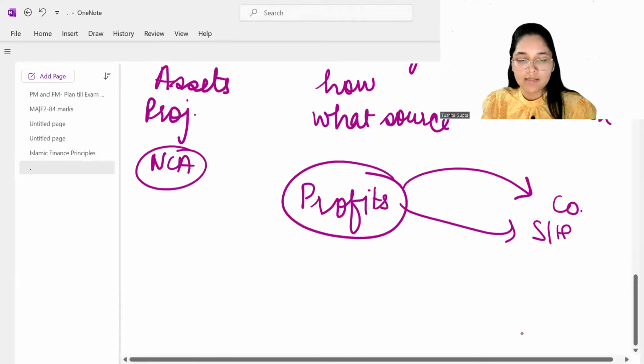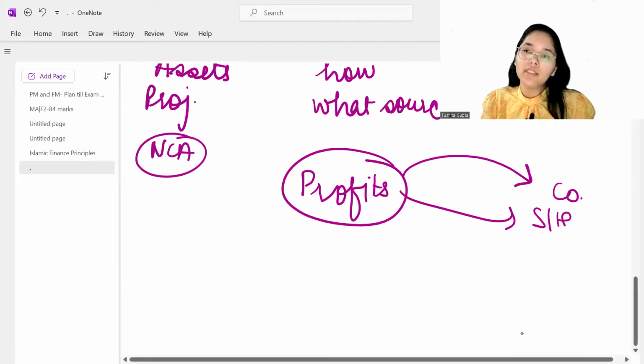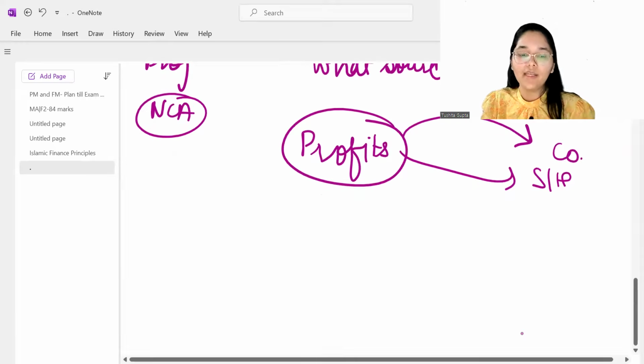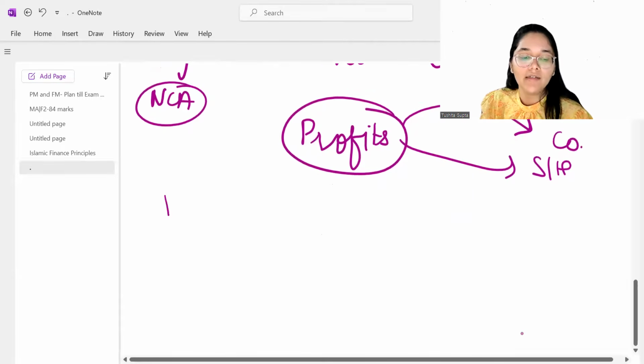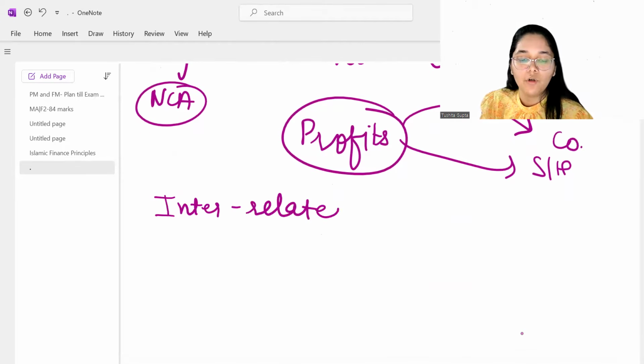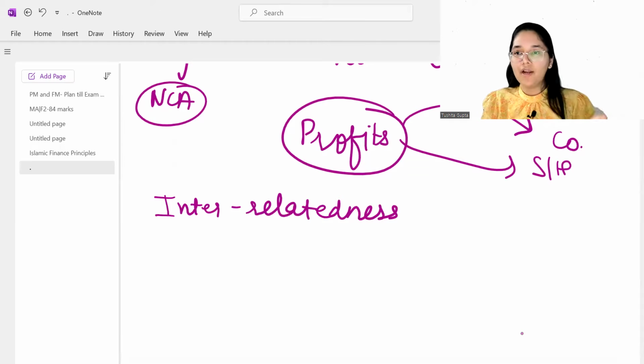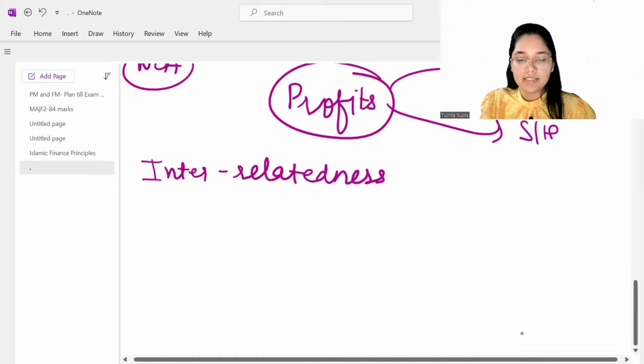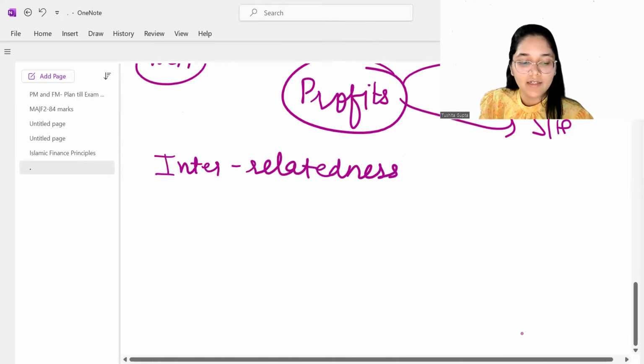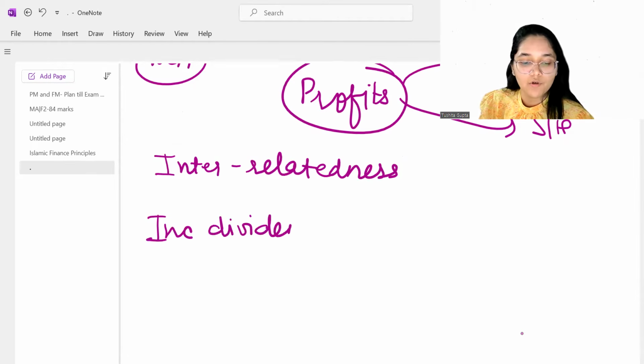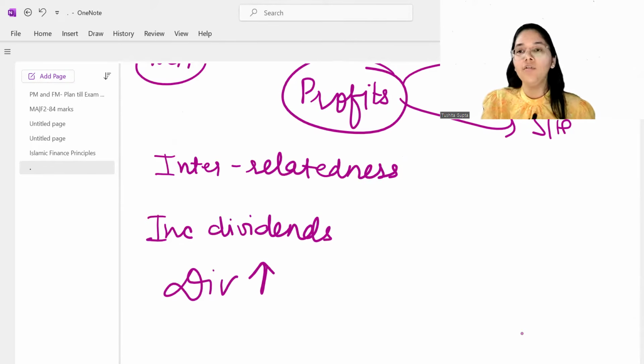Now, these are the three decisions. Once you have understood what these three decisions are, it's also very important to understand the interrelatedness of these decisions. What do you mean by interrelatedness? This means that what you do with one decision, the other decision is going to get affected. Let me give you an example. Perhaps you have decided to increase your dividends. Let's suppose you have taken a dividend decision that dividends are going to increase.